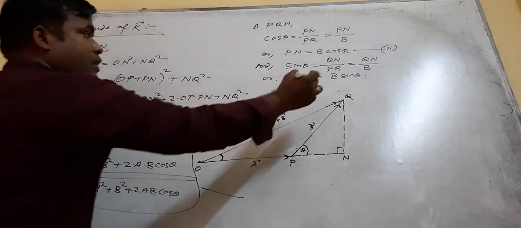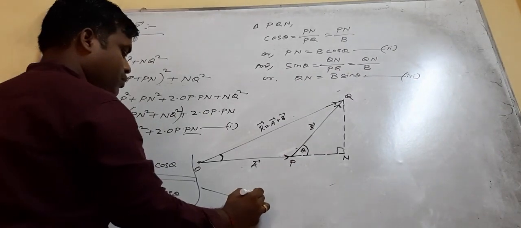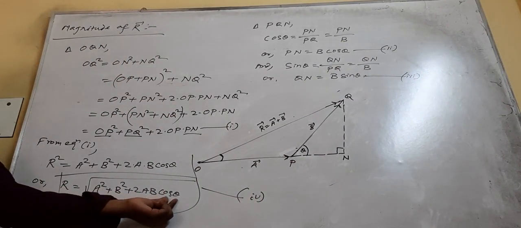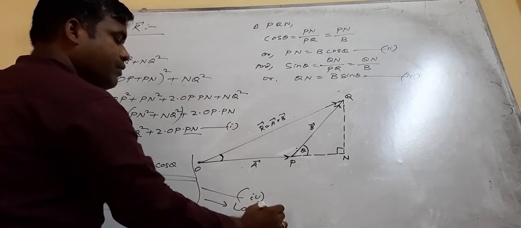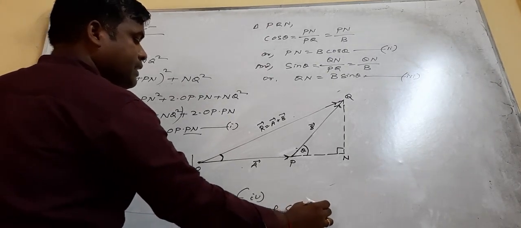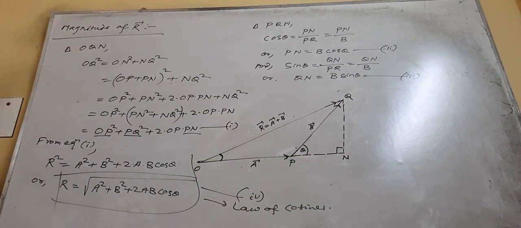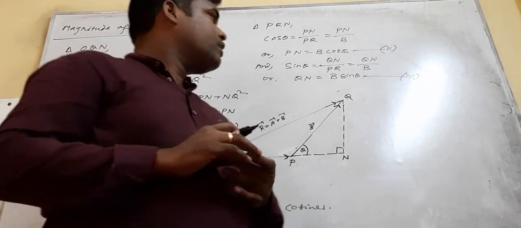Take this one as 3 and it is 4. Here is cos theta, so it is called the law of cosines. So from equation 4 you can find the resultant vector magnitude.